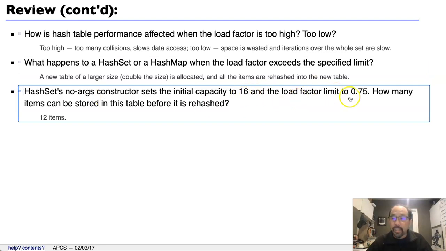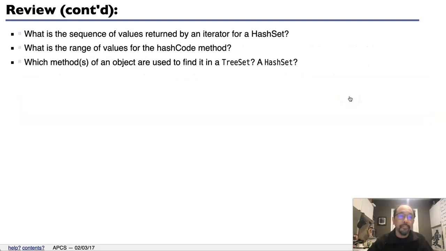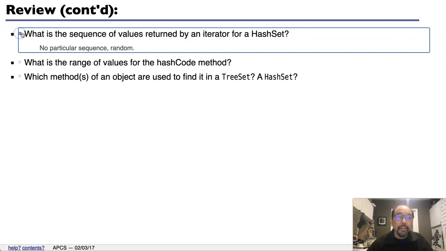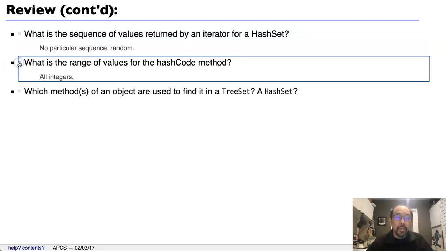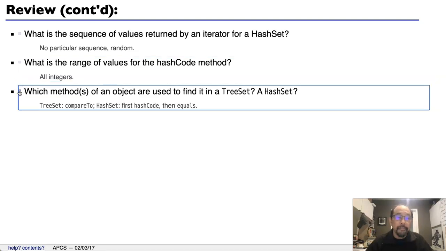So 16 times 75%. What is the sequence of values returned by an iterator for a hash set? What is the range of values for the hashCode method? Which methods of an object are used to find it in a tree set or a hash set?